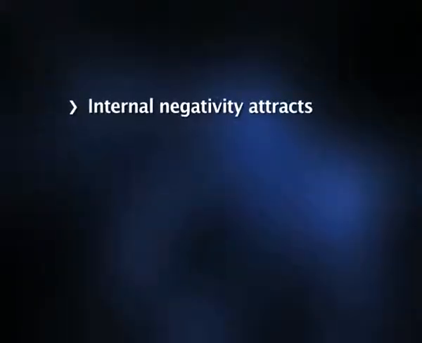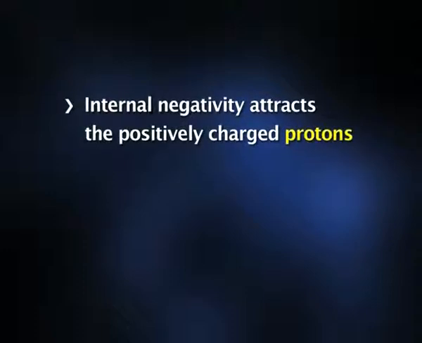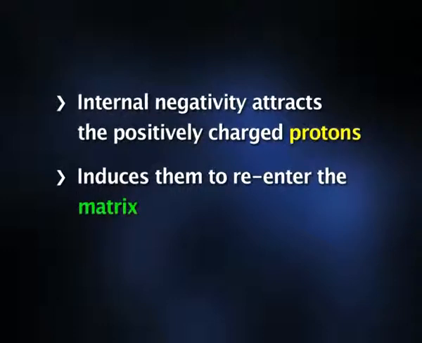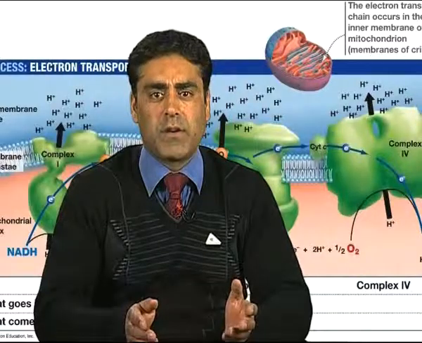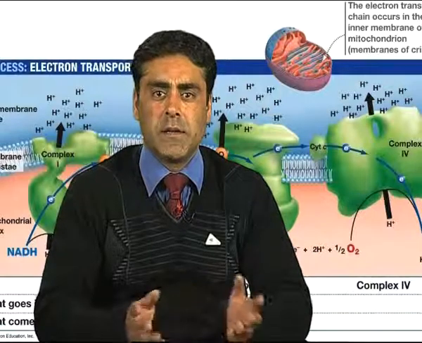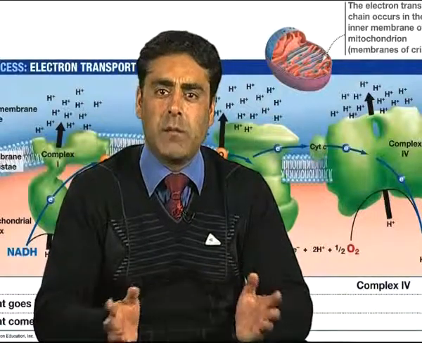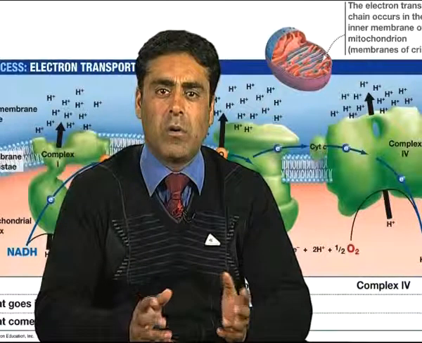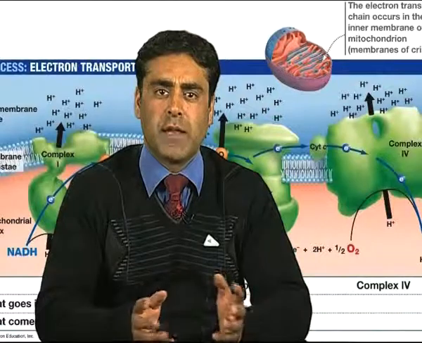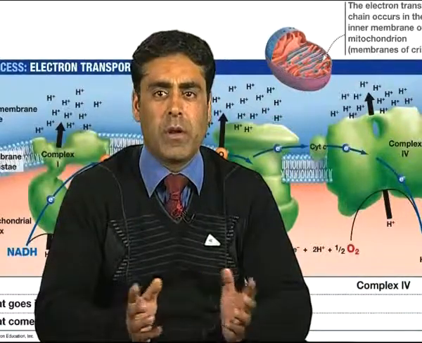This internal negativity attracts the positively charged protons and induces them to re-enter the matrix. The higher outer concentration tends to drive protons back in by diffusion. Since membranes are relatively impermeable to ions, most of the protons that re-enter the matrix pass through special proton channels in the inner mitochondrial membrane.